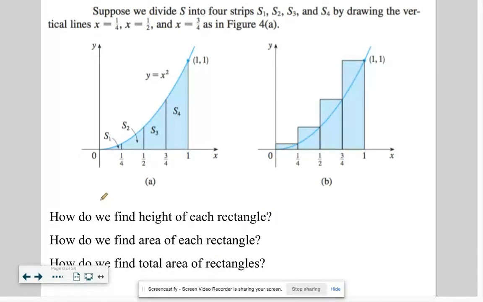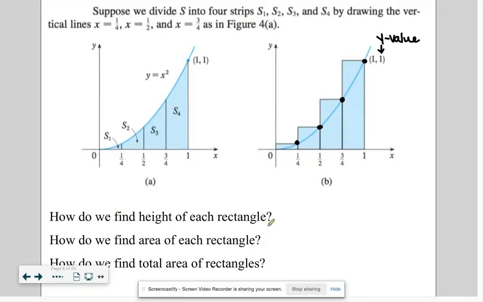Okay. So then the question becomes, if we know the width, how do we find the height, right? We know the base. How do we find the height? Well, the height of each rectangle is determined by where it hits the curve. So this rectangle has a height of 1 because that's what the y value is there. This rectangle, I don't know exactly the y value at this point, but if I were to find that y value, that would tell me where the rectangle hits on the curve and would give me the height for that rectangle.